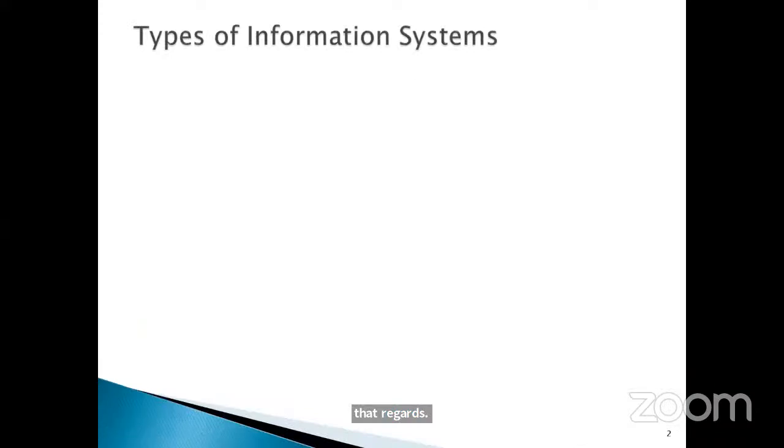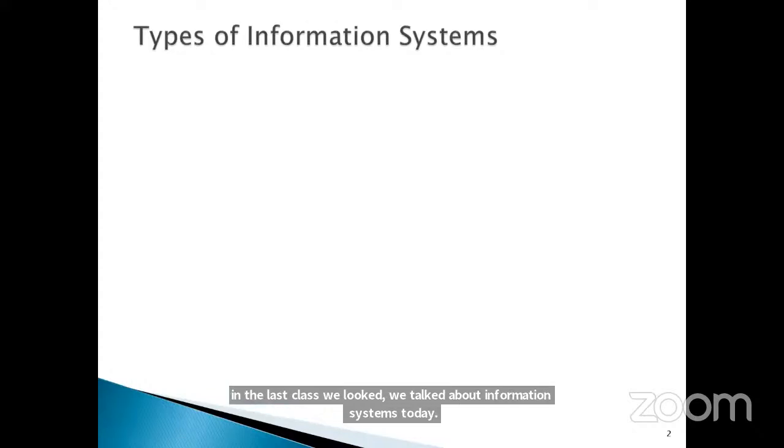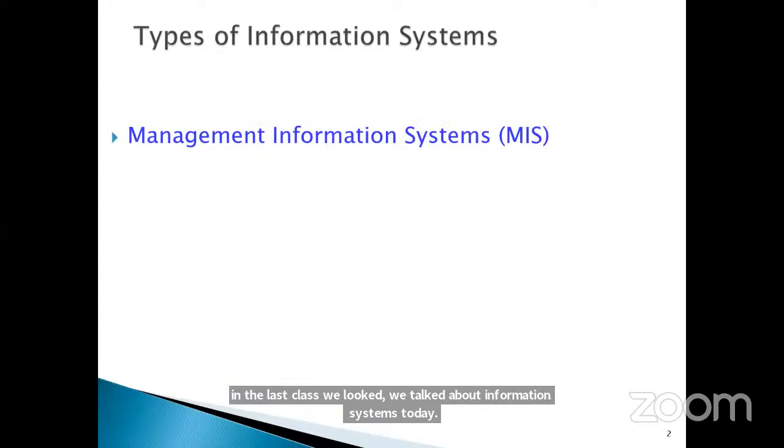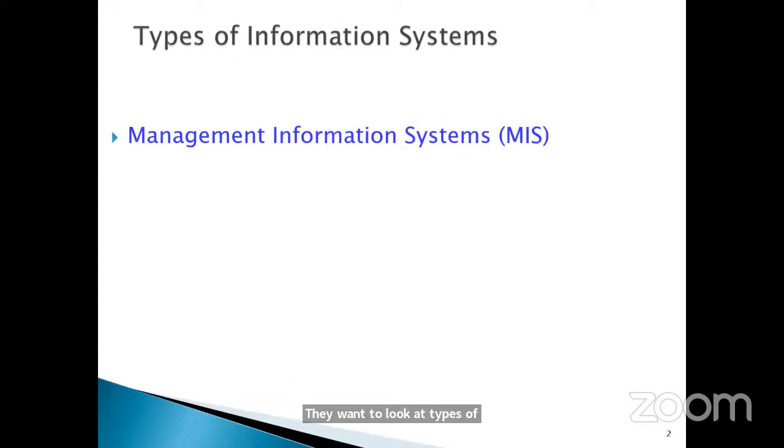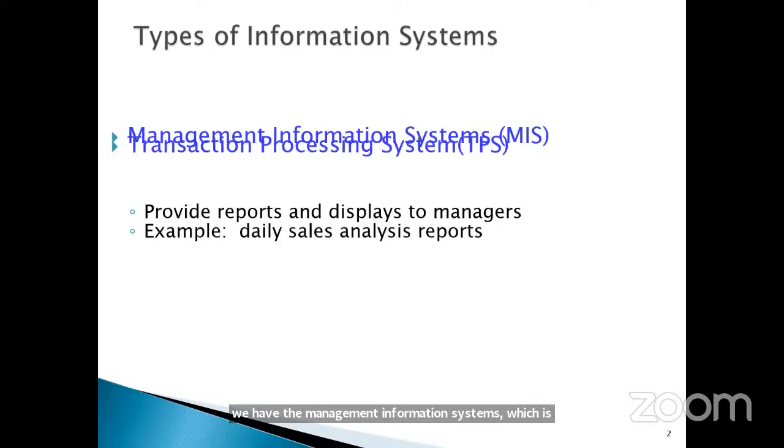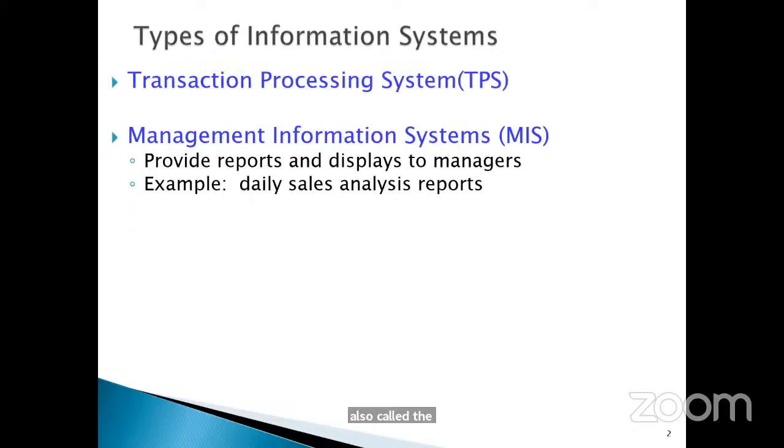So in the last class, we talked about information systems. Today, we want to look at the types of information systems. So we have the management information systems, which is also called the MIS. We have the transaction processing system, which is known as TPS for short.